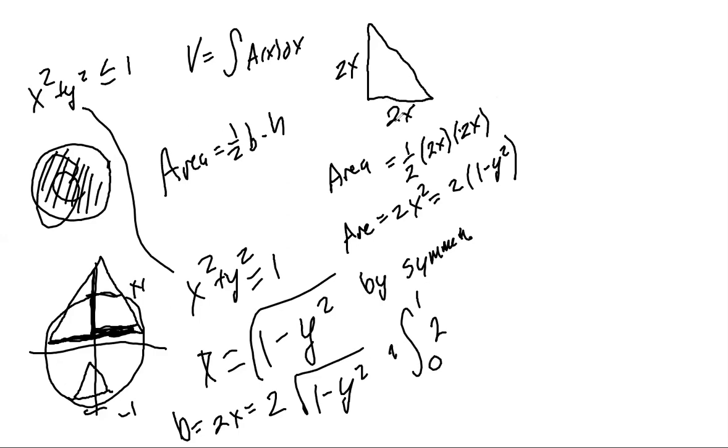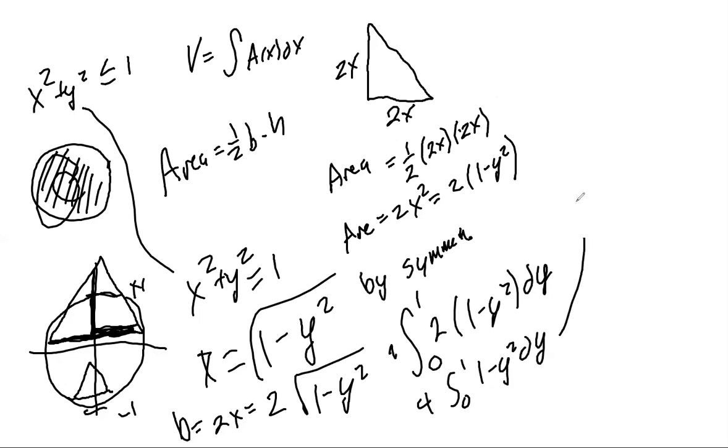Before, with the discs and washers, we had to multiply by pi, but that's just this. This is 1 minus y squared dy, which is going to give us 4 times the integral from 0 to 1 of 1 minus y squared dy. And continuing this out, we're going to have 4 times y minus 1/3 y cubed, the antiderivative, evaluated between 0 and 1.